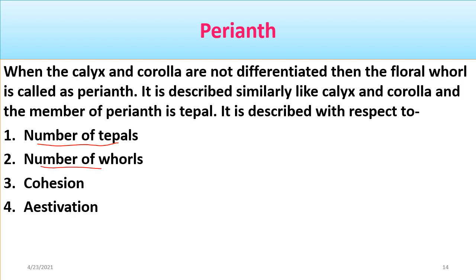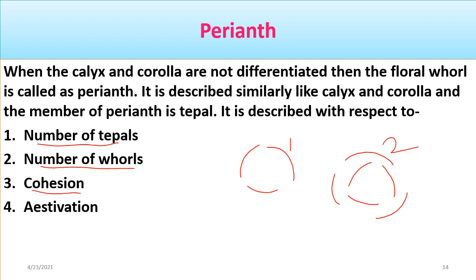Then the number of whorls of perianth, whether it is present in one whorl or in two different whorls. So here it is one whorl, here it is two whorls. Then cohesion means perianth to perianth, whether it is free, or this one and this one are attached with each other, which is called fused.